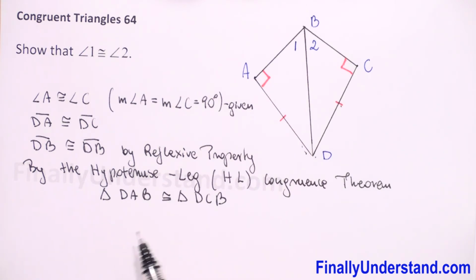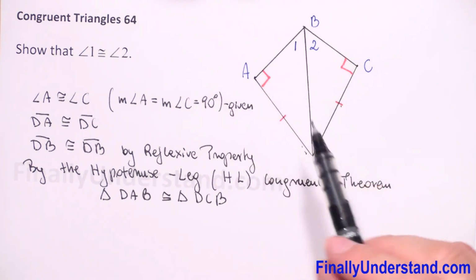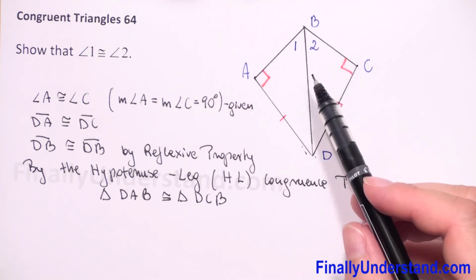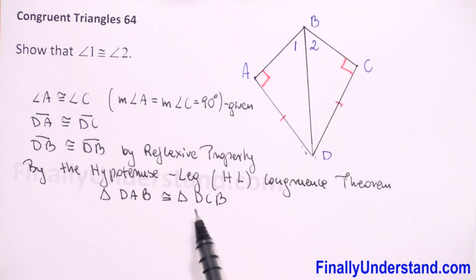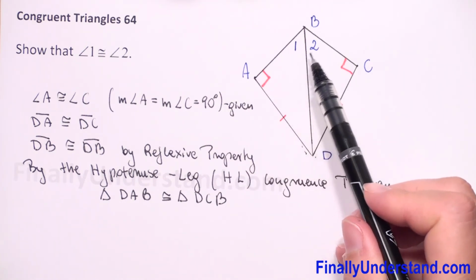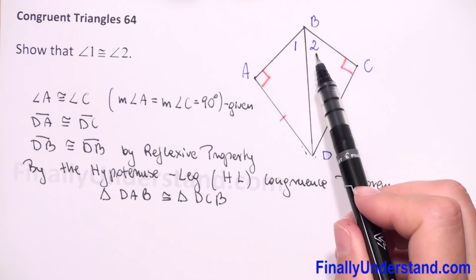So we had that DAB is congruent to DCB. Because these two triangles are congruent, it means that the corresponding parts of congruent triangles are congruent. So we can write that angle 1 is congruent to angle 2.